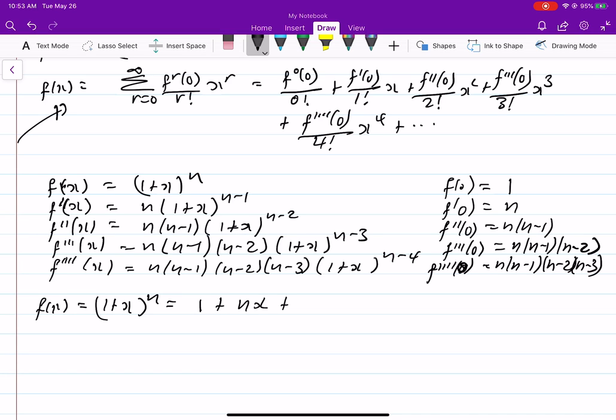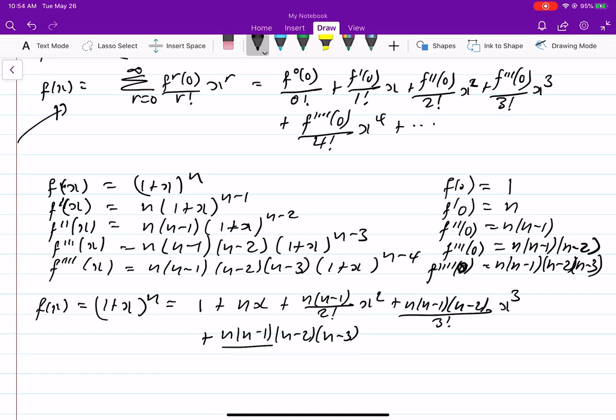F double prime is n into n minus 1, divided by 2 factorial, times x squared, plus f triple prime is n into n minus 1 into n minus 2, divided by 3 factorial, times x cubed, plus quadruple prime, n into n minus 1 into n minus 2 into n minus 3 upon 4 factorial, times x to the fourth.